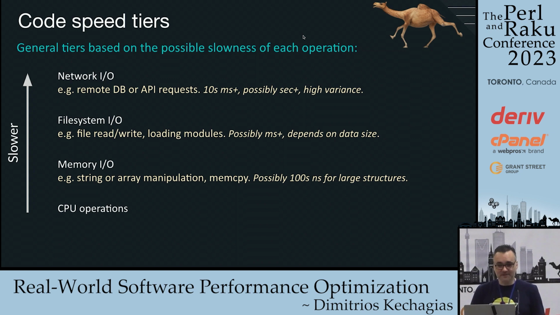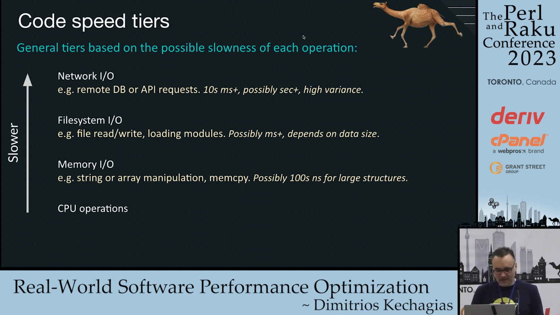File system I/O is the second slowest tier. Opening, reading files, loading modules, Perl modules, it's the same as opening and reading files. So it could reach milliseconds if it's large enough or many files.